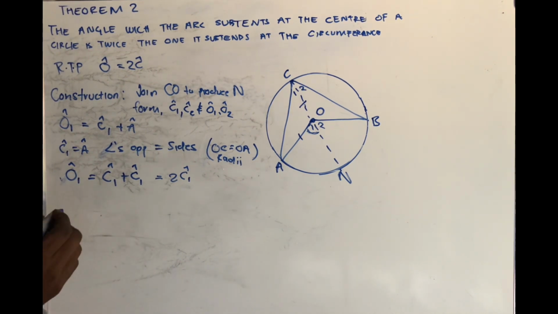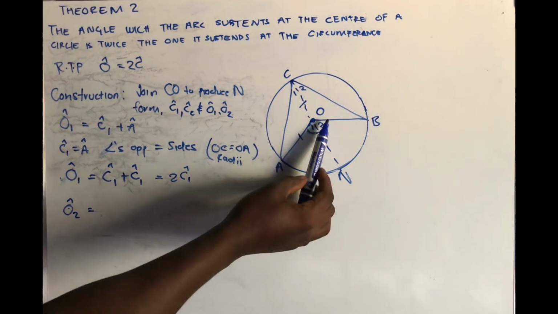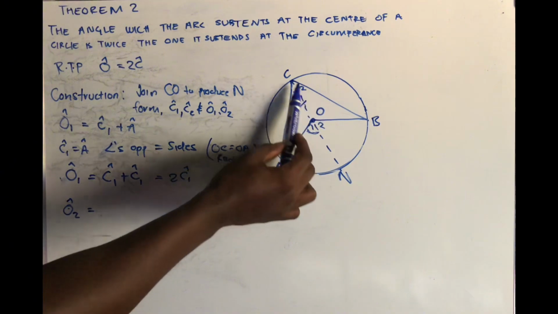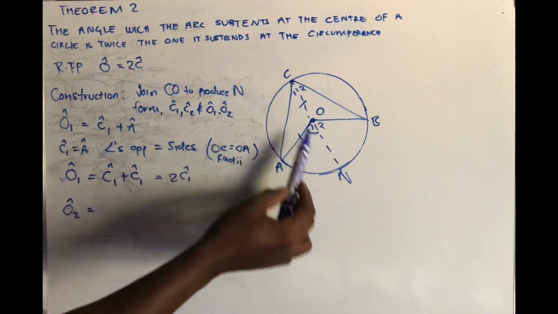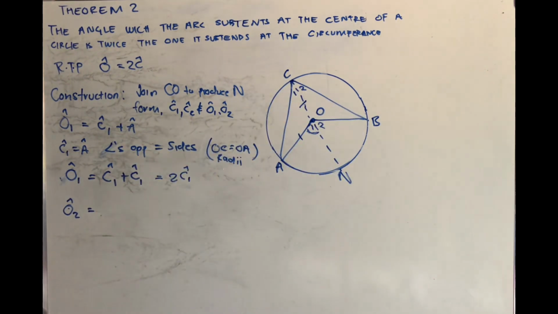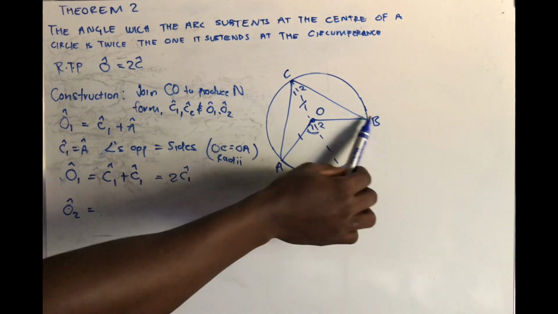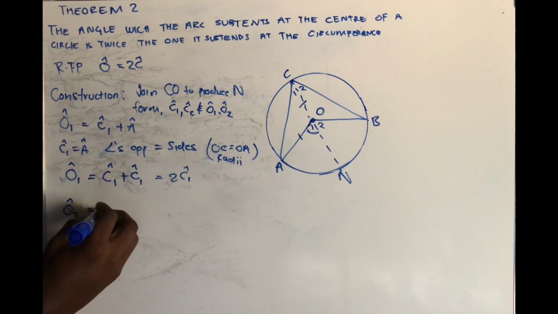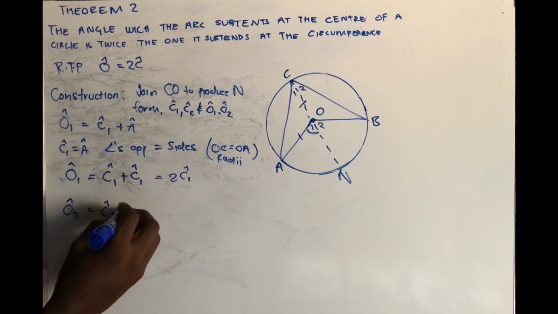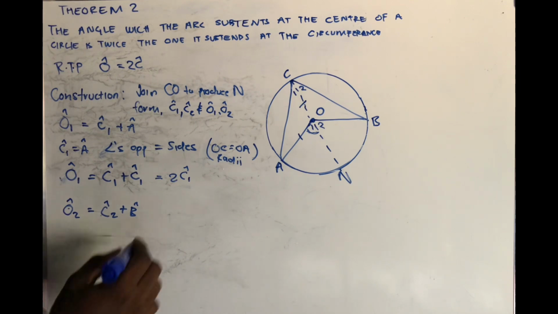Then let's move to the other triangle. In this triangle, O2 is the exterior angle. So O2 will be equal to angle C2 plus angle B. What's your reason?